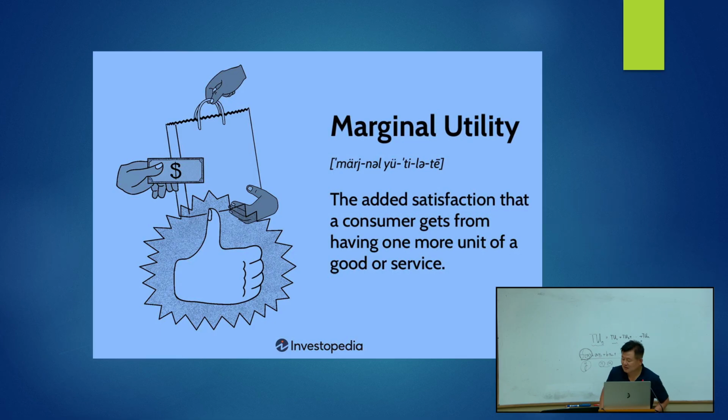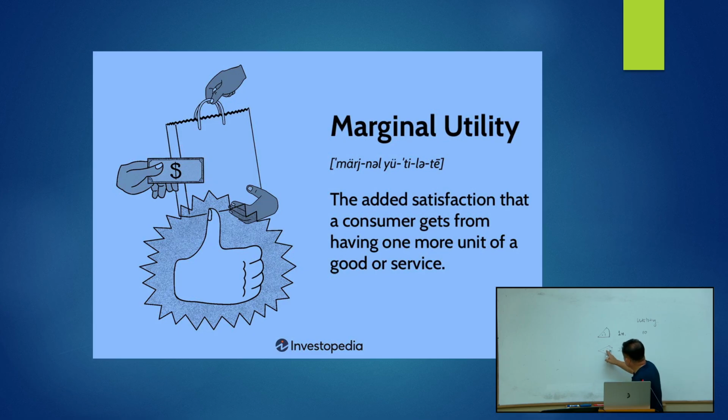Okay, now I ate the pizza, the first pizza, and a little bit more I want. Okay, the second one. For example, the utility is 10.